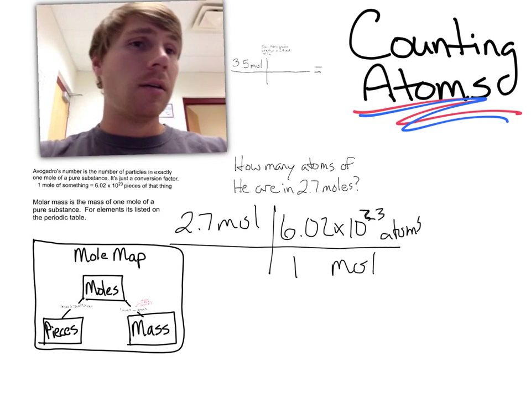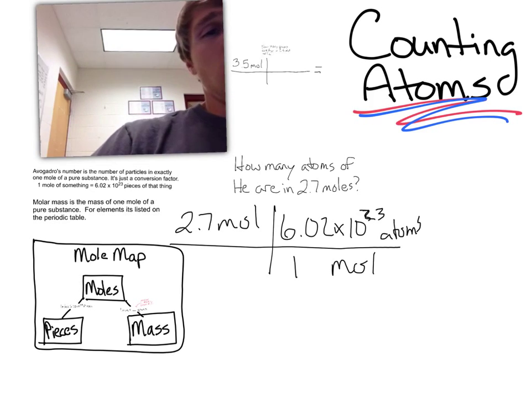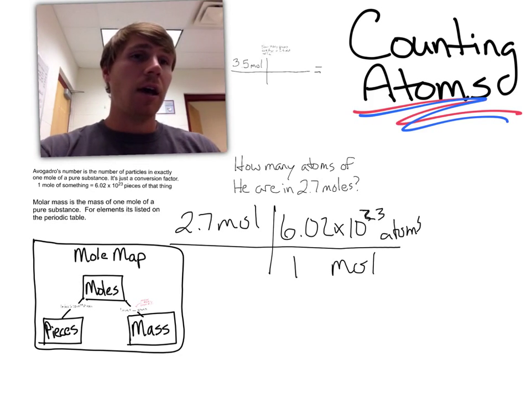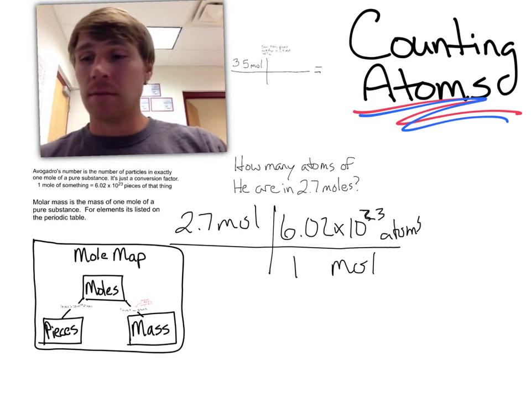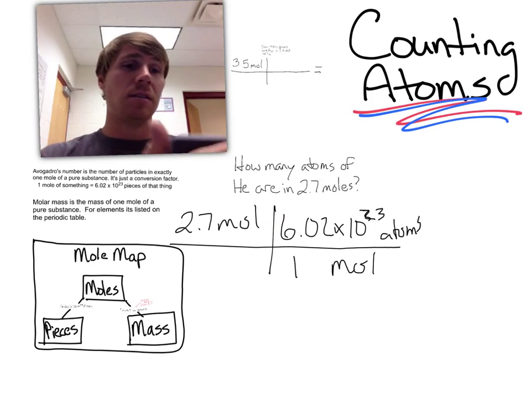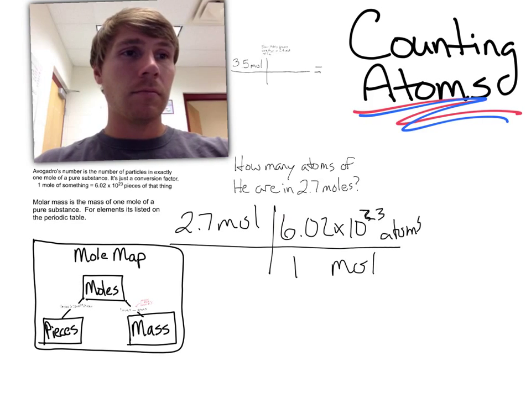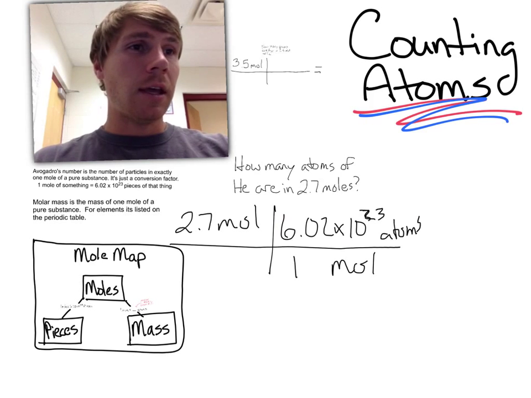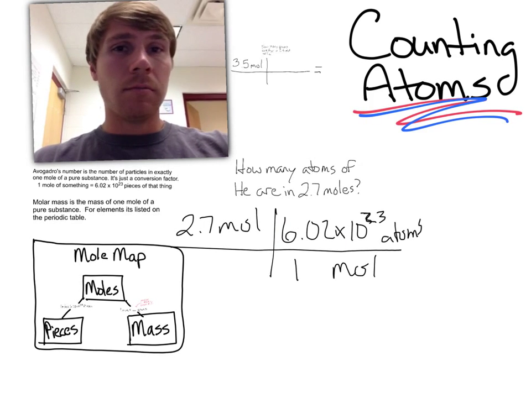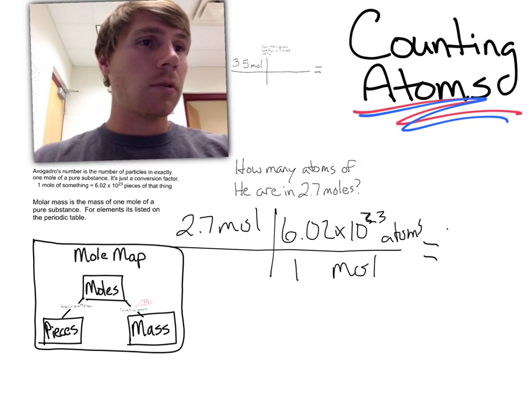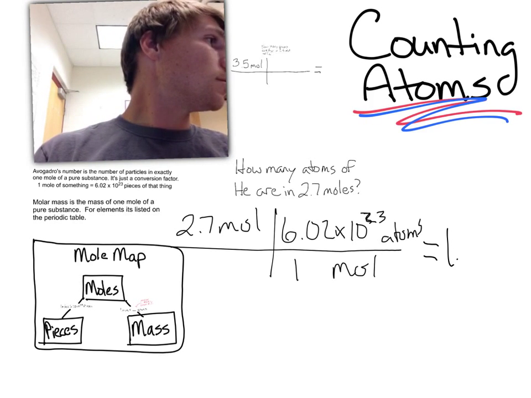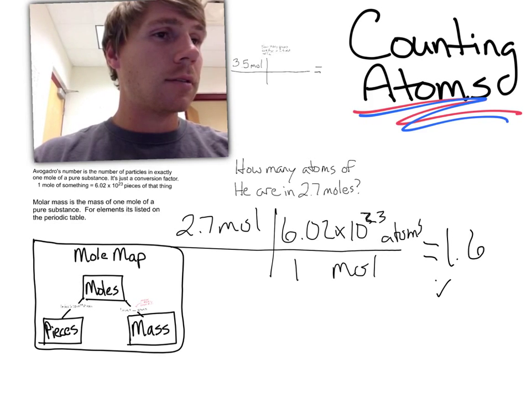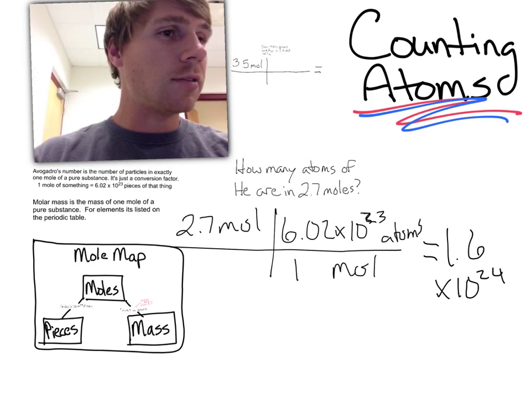And from there, it's just we're going to use our calculator and figure this out. When you put this number into the calculator, guys, just put it in parentheses. 6.02 times 10 to the caret 23, and that makes it pretty simple. And that equals 1.6 times 10 to the 24th.